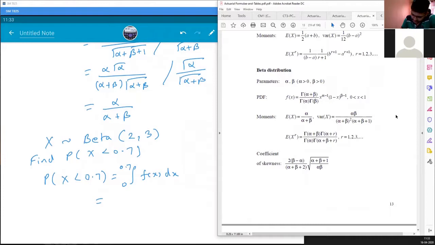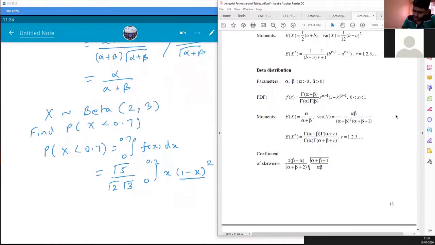So we'll have gamma of 5 upon gamma of 2, gamma of 3. This will come out. We'll say 0 to 0.7 and we'll be left with x raised to alpha minus 1, that becomes 1, and 1 minus x raised to beta minus 1, that will give us 2, and then dx.